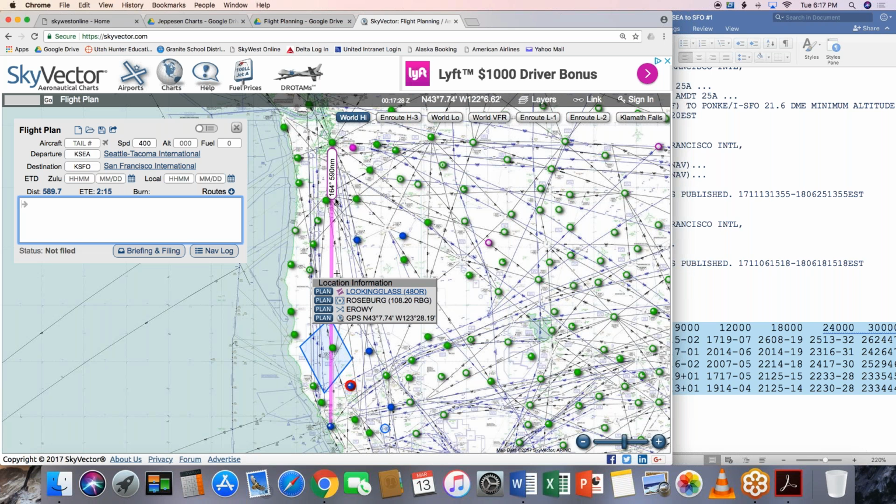Is that separate from the graph? Yes, this is separate from the graph. This is just other information that we're going to be writing down here. And our distance is 632 nautical miles. Everybody good with that?